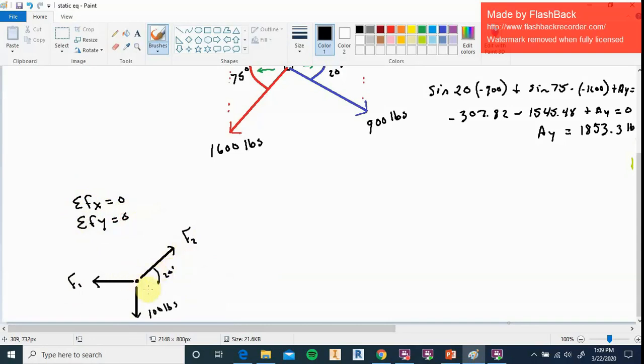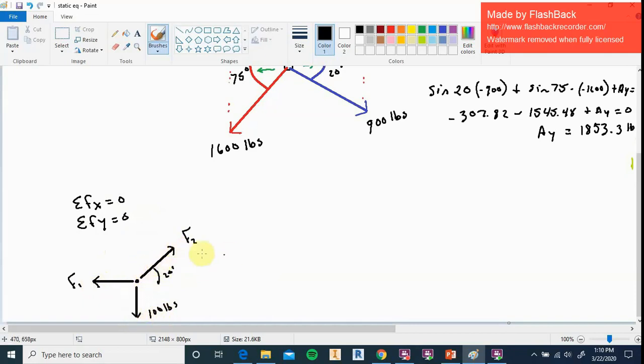And so down here, let's call this F1 a bar, and then F2 is going to be a cable, and then we have a load of 100 pounds that's acting on this system, whatever it is. It could be a bolt, it could be a pin, it doesn't matter what it is. But we've got a force pulling in this direction, a force pulling in this direction, and a force pulling in this direction.